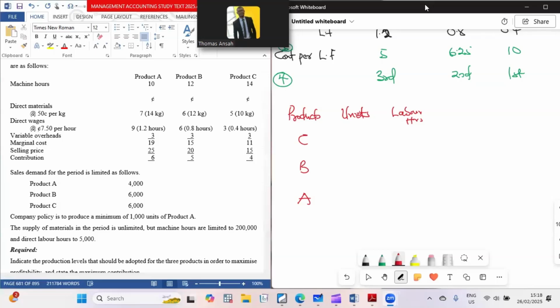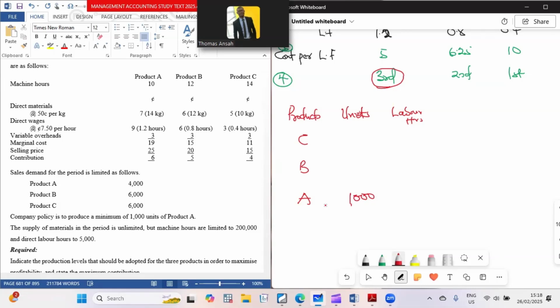You can't do this. So even though this one is the third on the rank, we must understand that as far as that is concerned, we have to produce 1,000 of that one first, even though it is the last thing. It is the policy of the company to produce that. We don't have a choice.